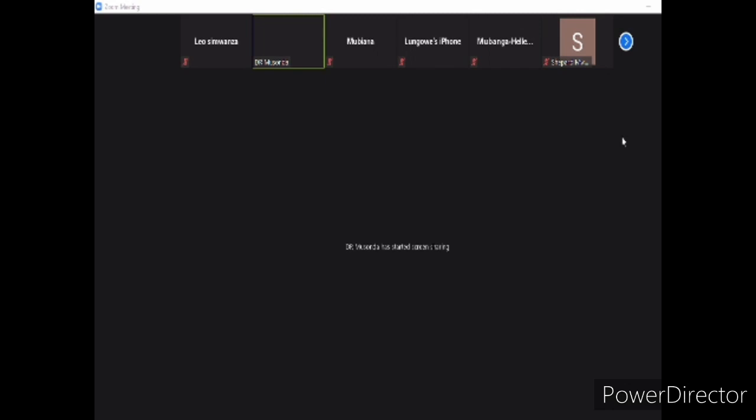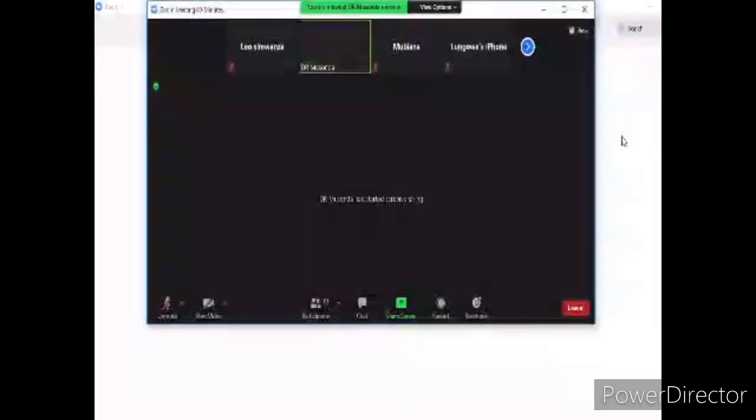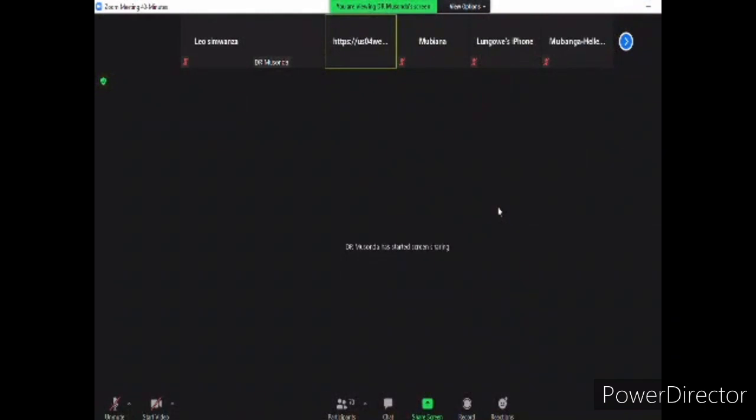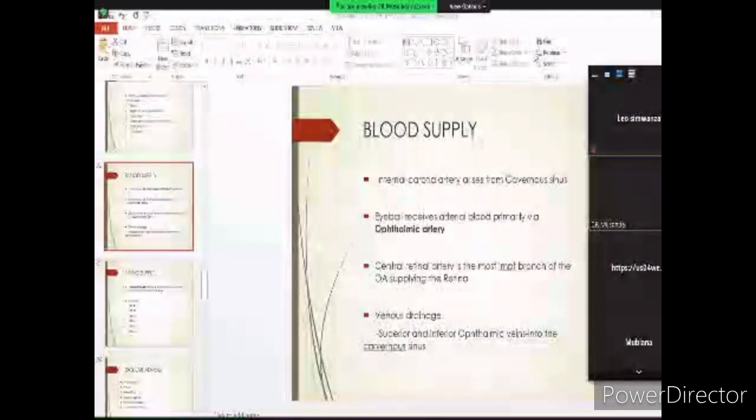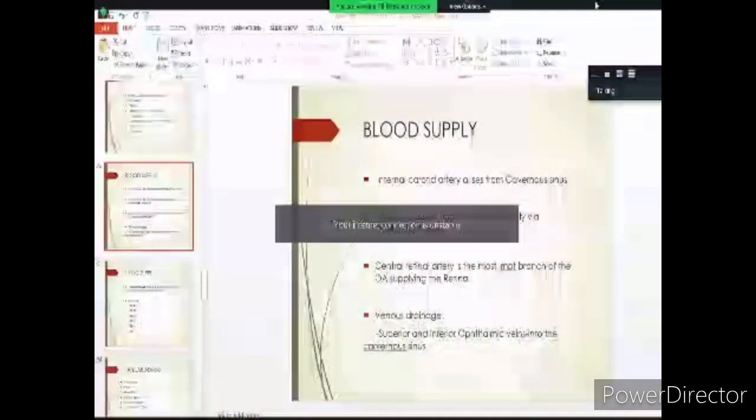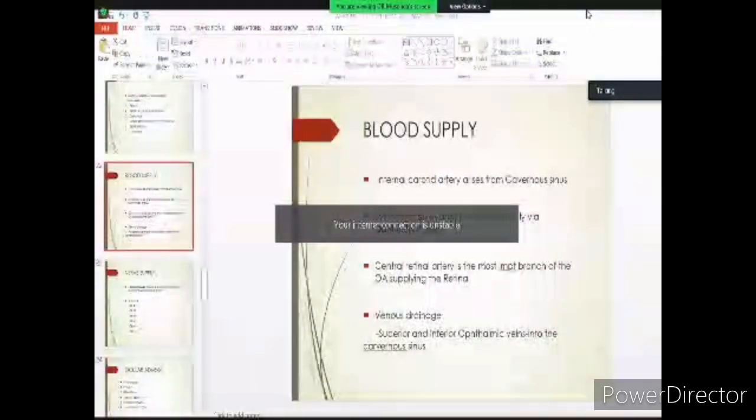Blood supply to the eye. We get so many other branches, but of importance to the eye is the central retinal artery, which is a branch of the ophthalmic artery. Occlusion of this artery gives what is called central retinal artery occlusion.